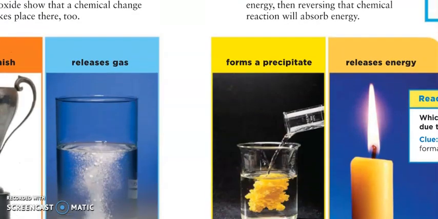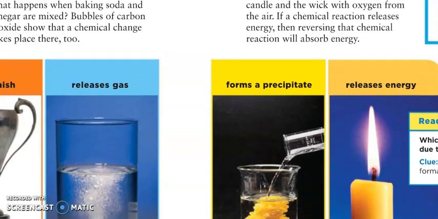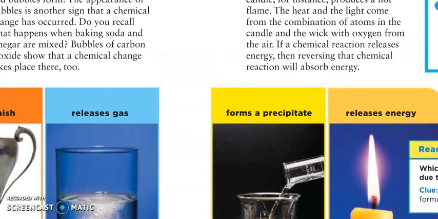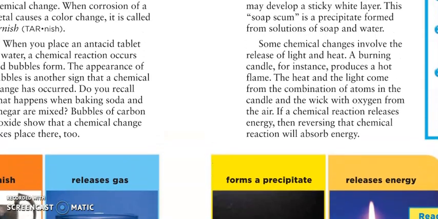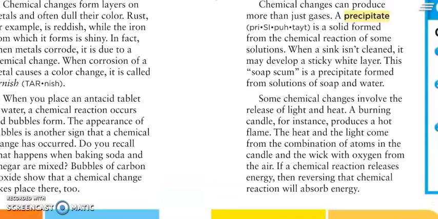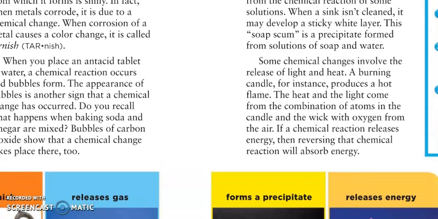The release of light and heat energy is a sign of chemical change. A burning candle produces a hot flame. The heat and light come from the combination of atoms in the candle and the wick with the oxygen from the air.